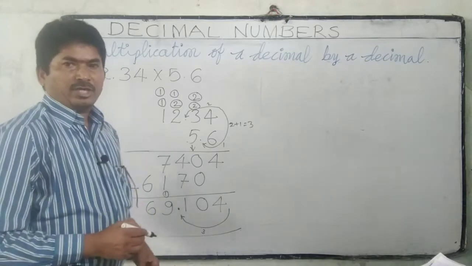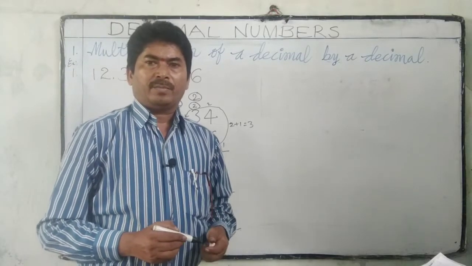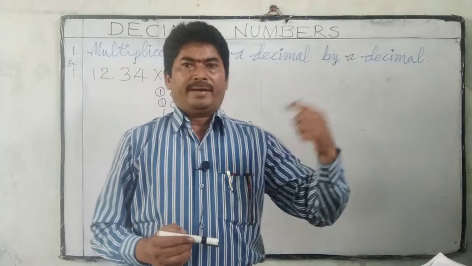So this is the method of multiplication of a decimal by another decimal.